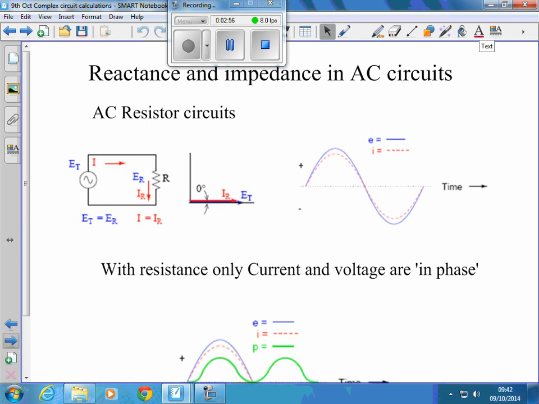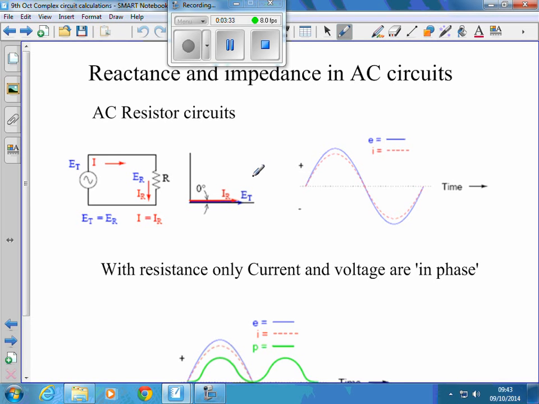If we draw what's called a phasor diagram of that, the red line is representing the current flowing in the circuit, the blue line the applied voltage. Okay, they should be drawn over the top of each other, but I've separated them on the diagram on the board so that you can see the length of both of them.